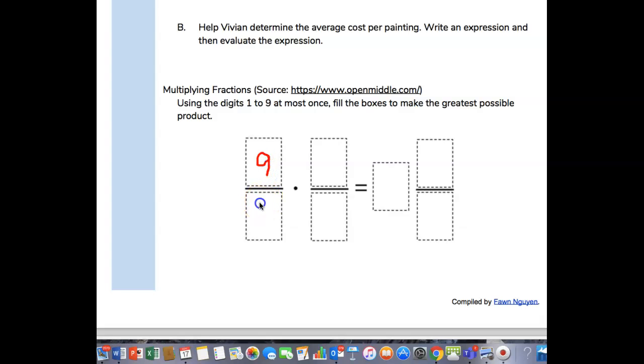So they put 9/4 times 7/3. All right, so 9 times 7 is 63, and 4 times 3 is 12. Okay? All right, so 63 divided by 12. So 12 times what is close to 63?